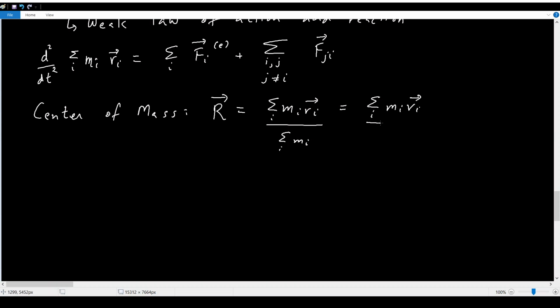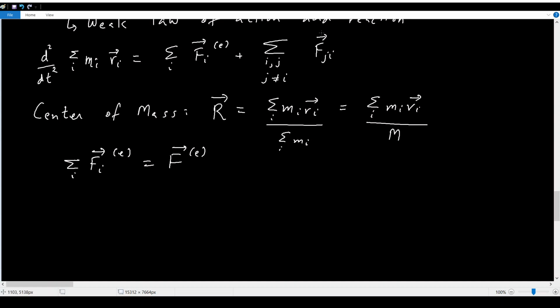Just for convenience, we're going to write the sum of the masses as capital M. Further, the first quantity on the right hand side, which is the sum over all the particles of the external forces on each particle, I'm just going to write as F_e, the net external force. This is just to make things easier for us.